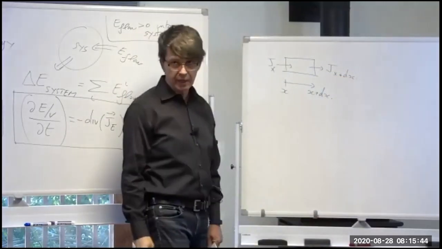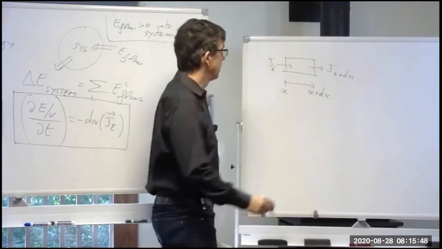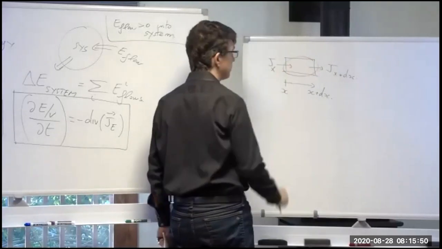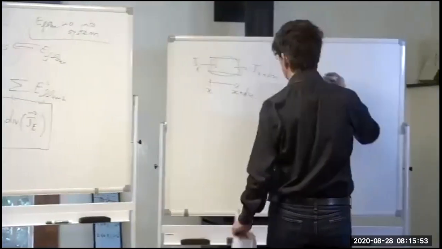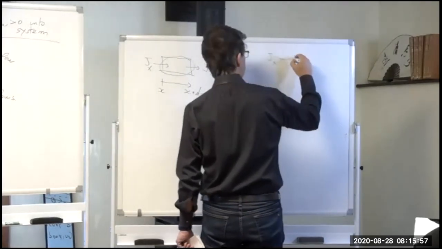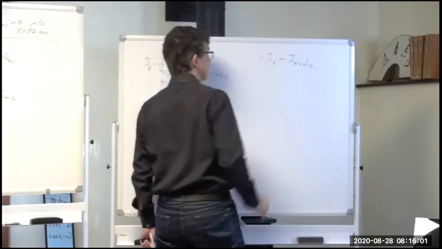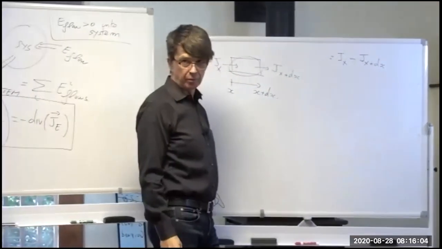So if I want to calculate the net amount of stuff left behind in this volume element, I calculate: jx is what's going in, j at x plus dx is what's going out. So this is the balance of what remains.